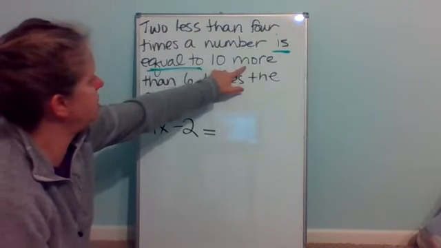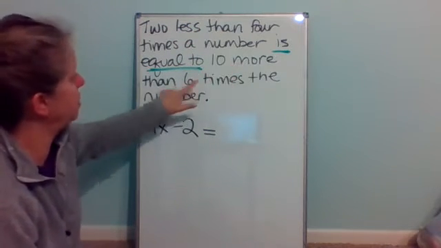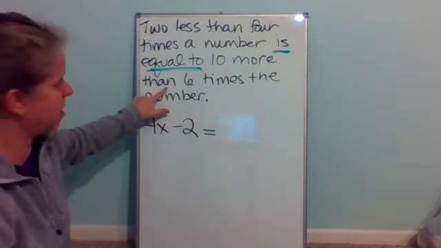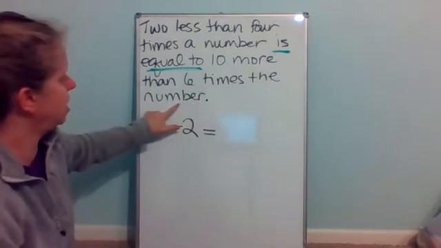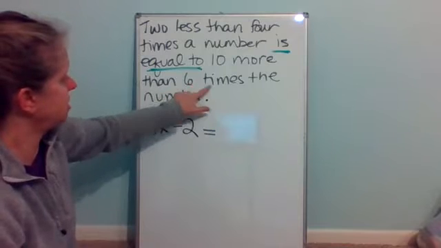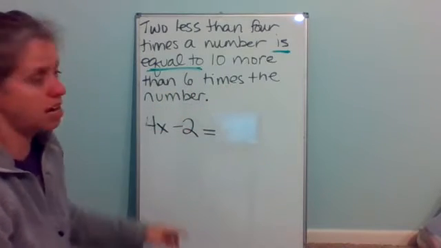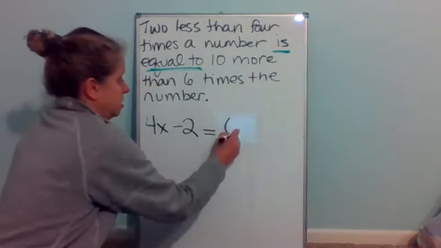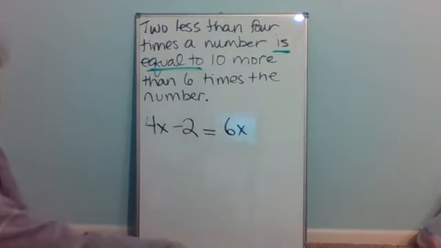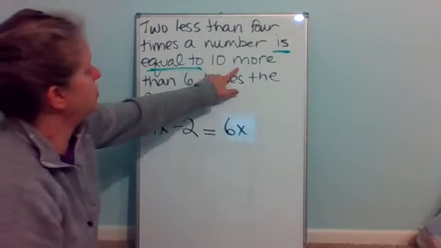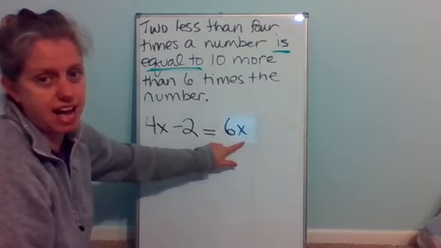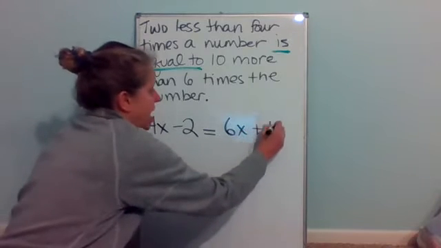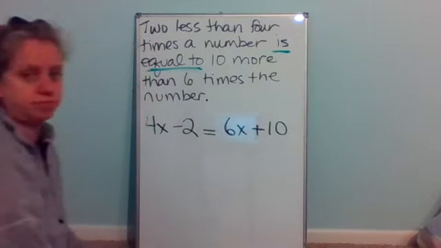Afterwards, you have 10 more than. More than means we're going to add. And what are we going to be adding to? 6 times the number. So again, 6 times the number will be 6x. If you are 10 more than this 6x, that means you need to add 10 to it.